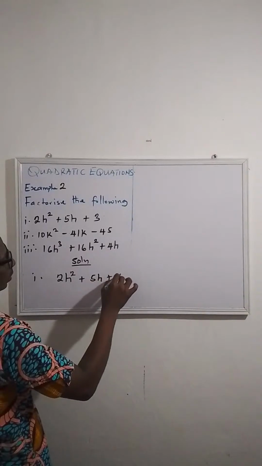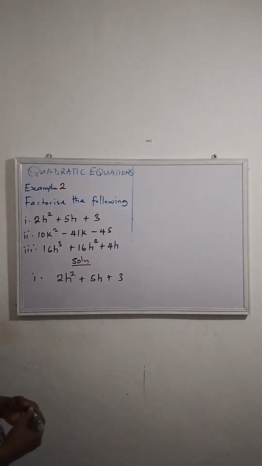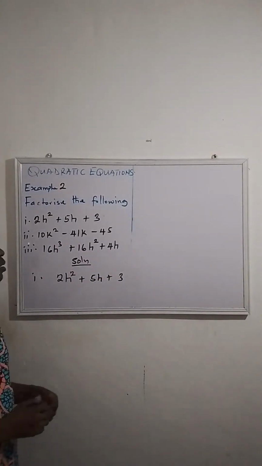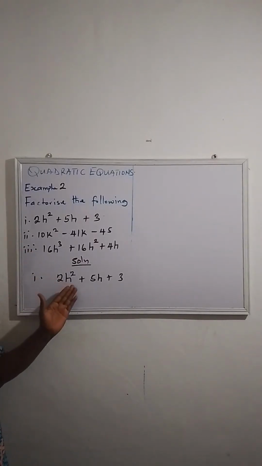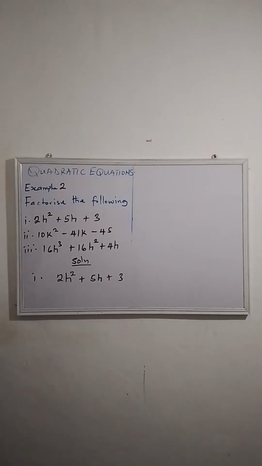All right, so this is another question. Now you have to factorize 2h squared plus 5h plus 3. Now what is the first thing to do? You have to look for the sum and product.